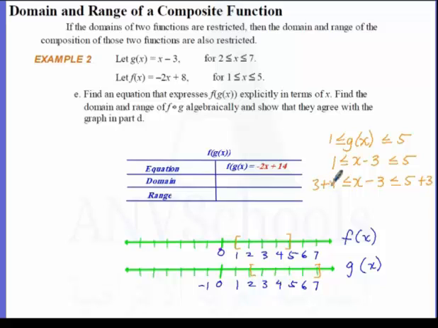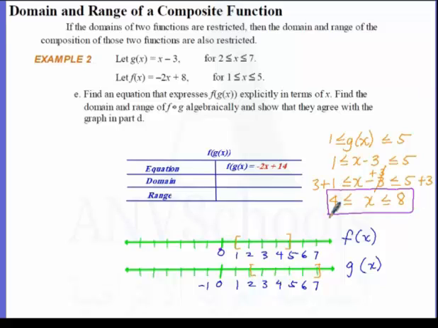So 3 plus 1, x minus 3 plus 3 for the middle, which will cancel our negative 3 here. And our new domain would be in between 4 and 8. So it's a totally different domain restriction now.